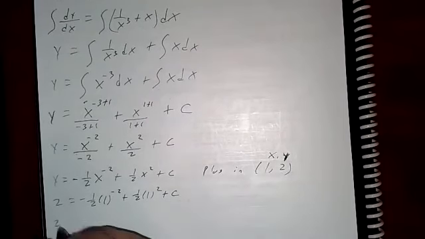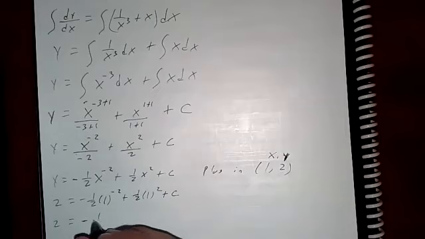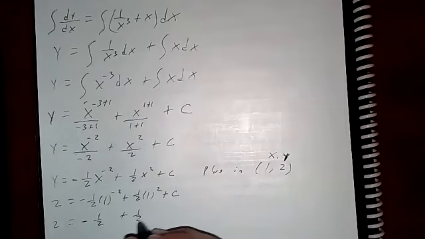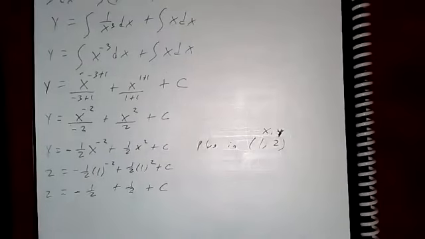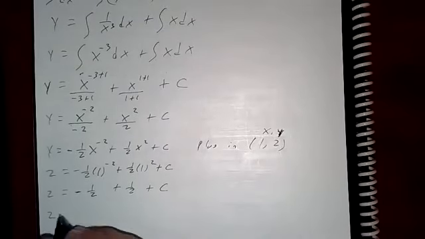Then this becomes 2 equals -1/2 plus 1/2 plus c. These cancel, meaning that c is equal to 2.